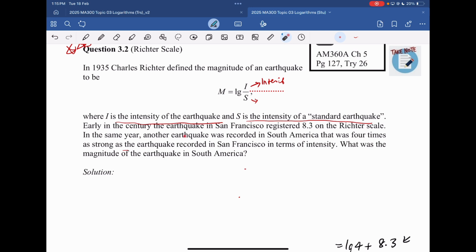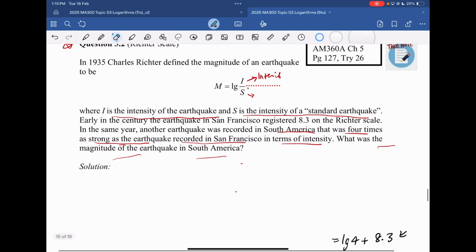In another year, another earthquake was recorded in South America. It was 4 times the earthquake in San Francisco in terms of intensity. What was the magnitude in South America? Like I said, the full scale is 10.